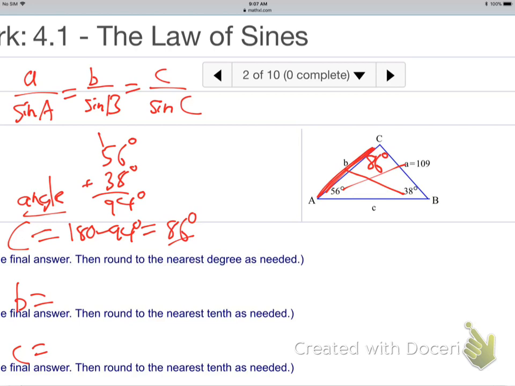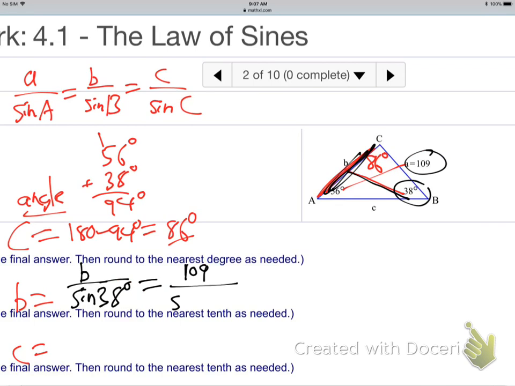I'm just going to use a side and the sine of the angle opposite, and a side and the sine of the angle opposite. So let's do that. I'm going to say little b, which is what I'm looking for, over, go across here, the sine of 38 is equal to what? Little a, 109, over, go across from it, the sine of 56 degrees.